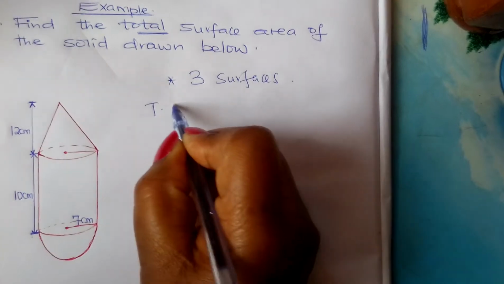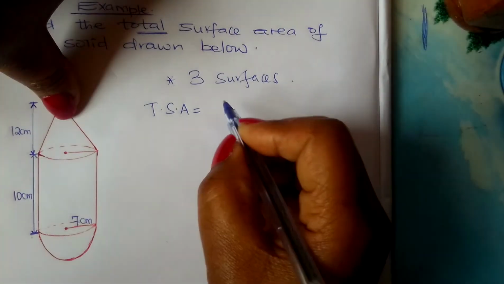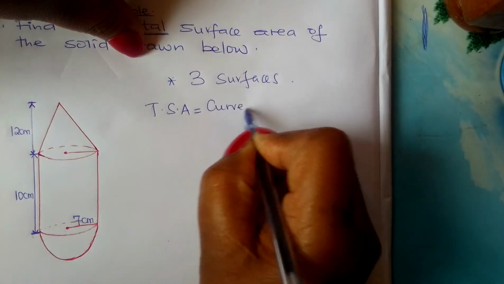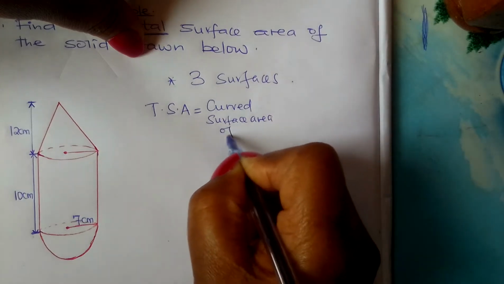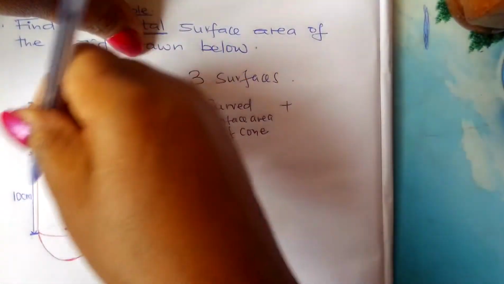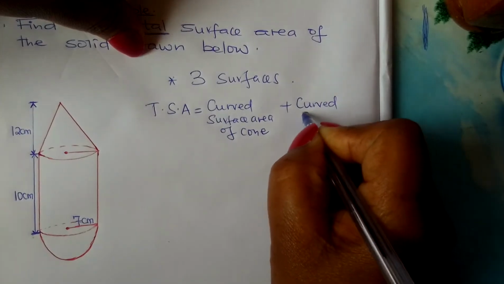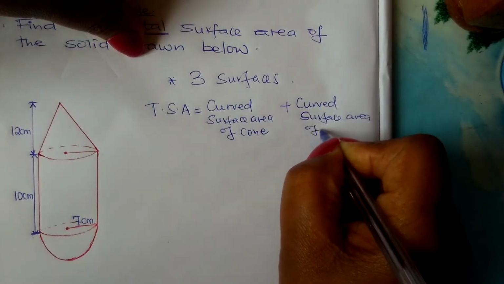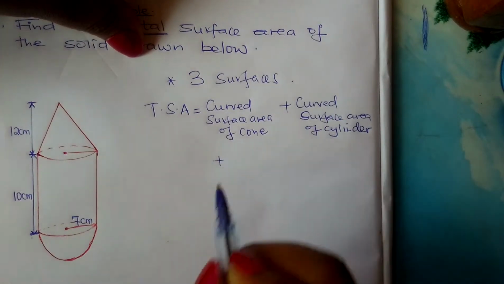And therefore the total surface area, maybe I can write that in short, will be got by finding the area of the curved surface of the cone. So we talk of the curved surface area of the cone, plus the curved surface area of the cylinder, and finally plus what?